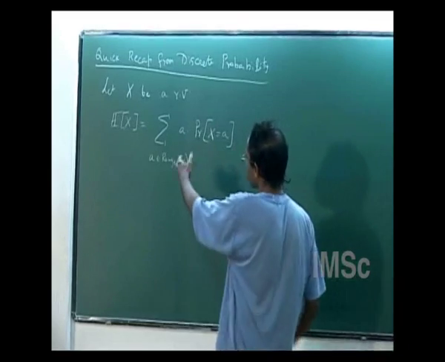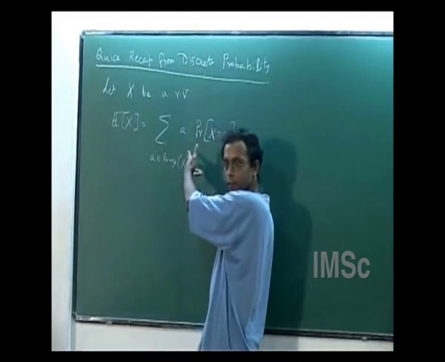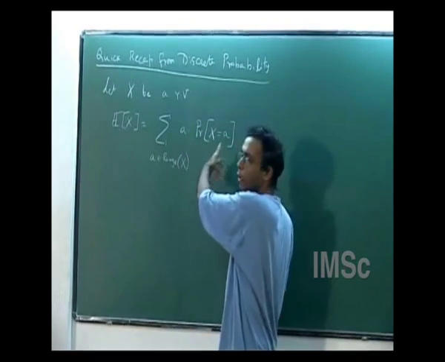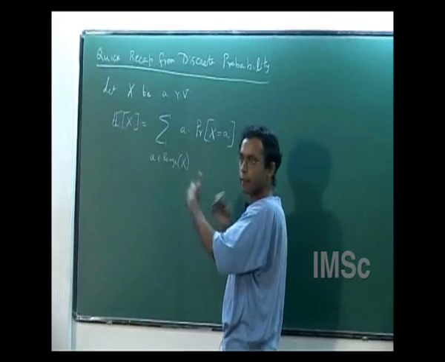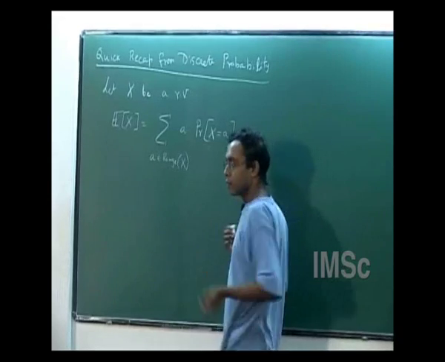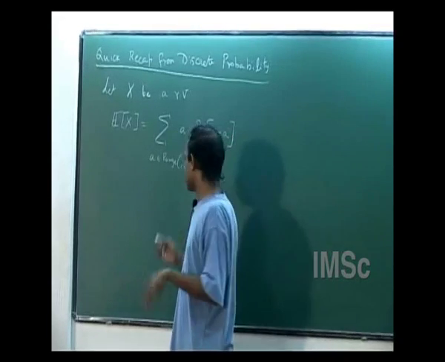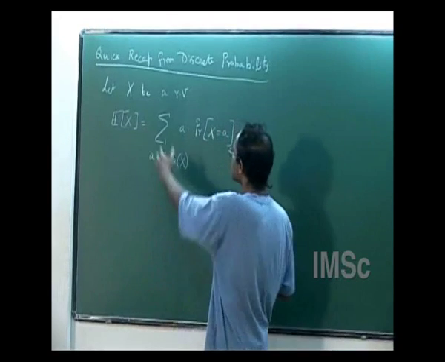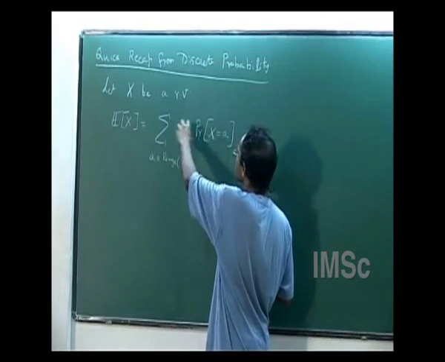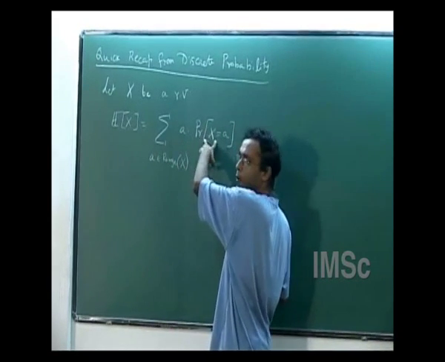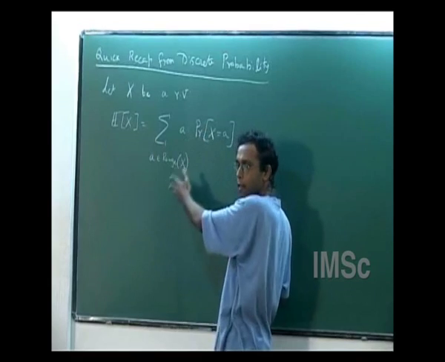X can take several values in its range, let's say a1, a2, up to am, finitely many. So the range of X is numbers. This quantity just measures each number and the probability with which it comes, multiplies them, and adds.